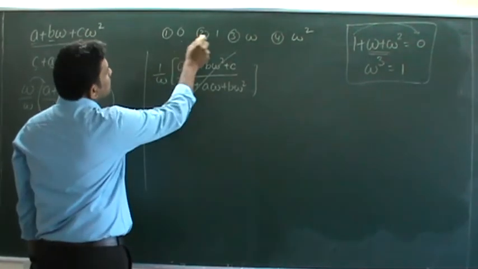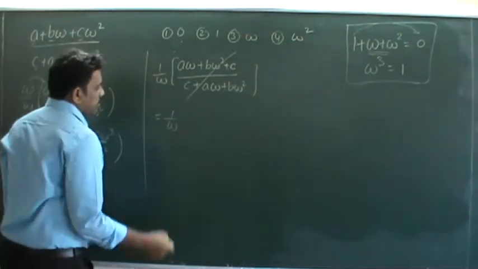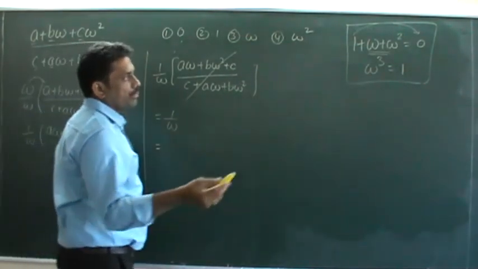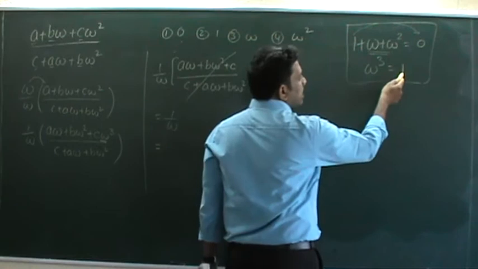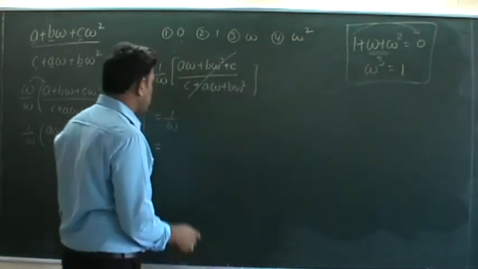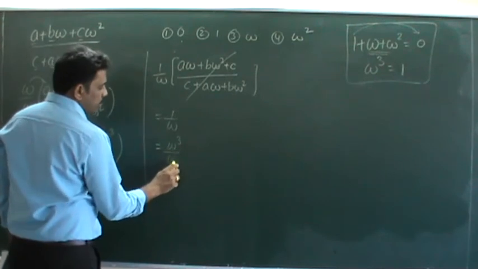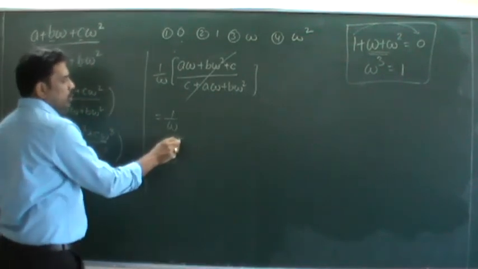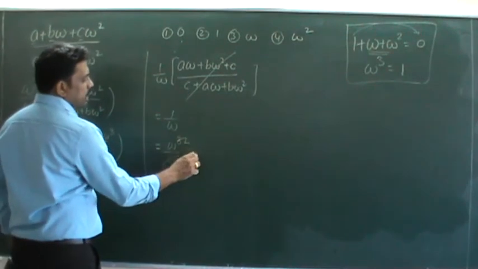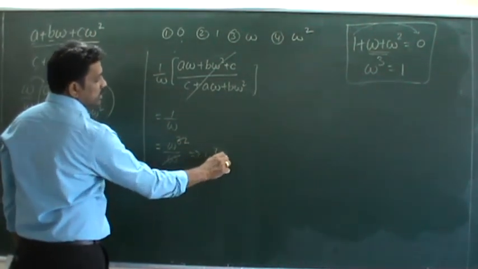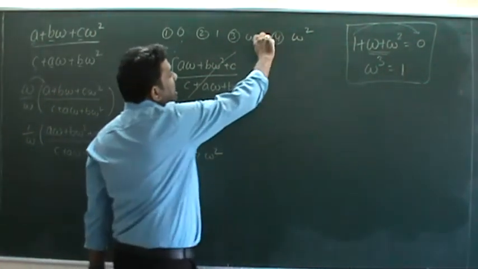0 is there, 1 is there, omega is there, omega square is there. My dear children, here we have the value 1, and 1 is nothing but omega cube. In the place of 1, we can write omega cube by omega. So out of 3, one omega cancels. Omega square is still there. So that is the answer.